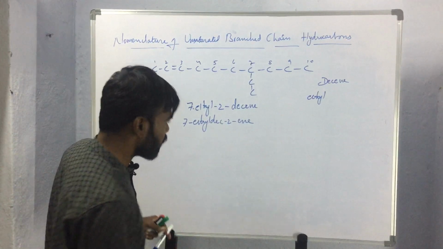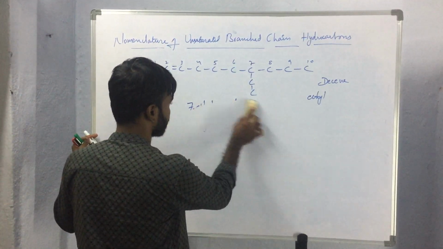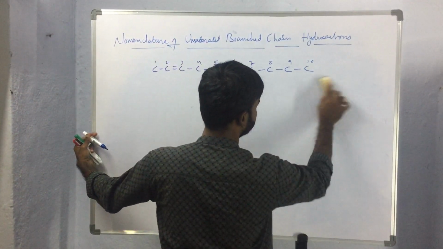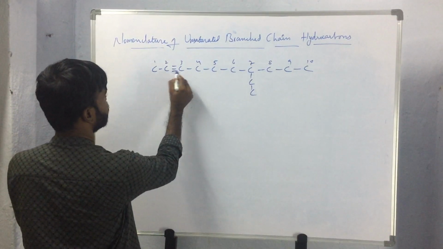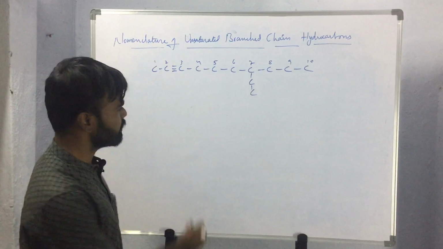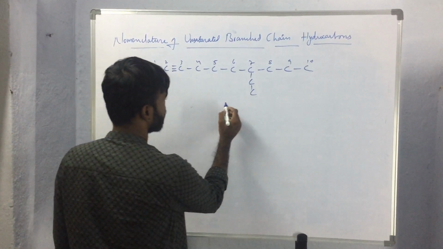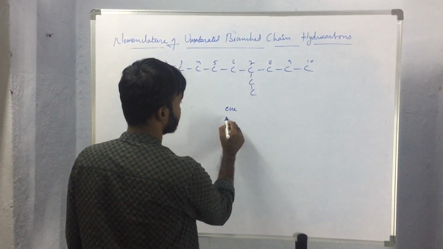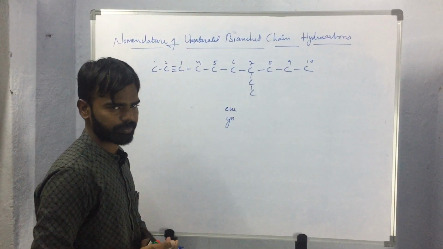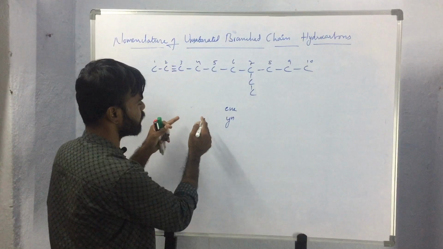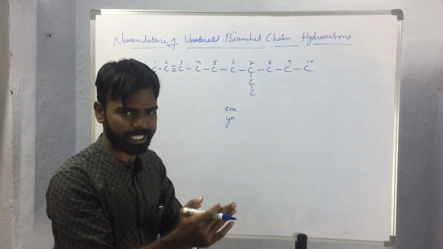So we will consider another example. The same compound, but if a triple bond is present. In this case, instead of writing "ene", "yne" will be written. In the case of the double bond, we wrote dec-2-ene.